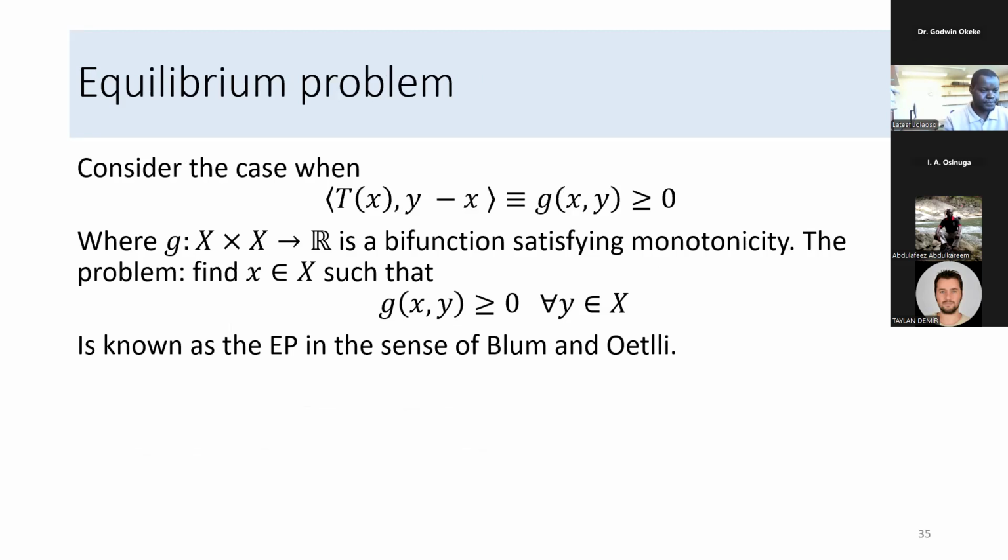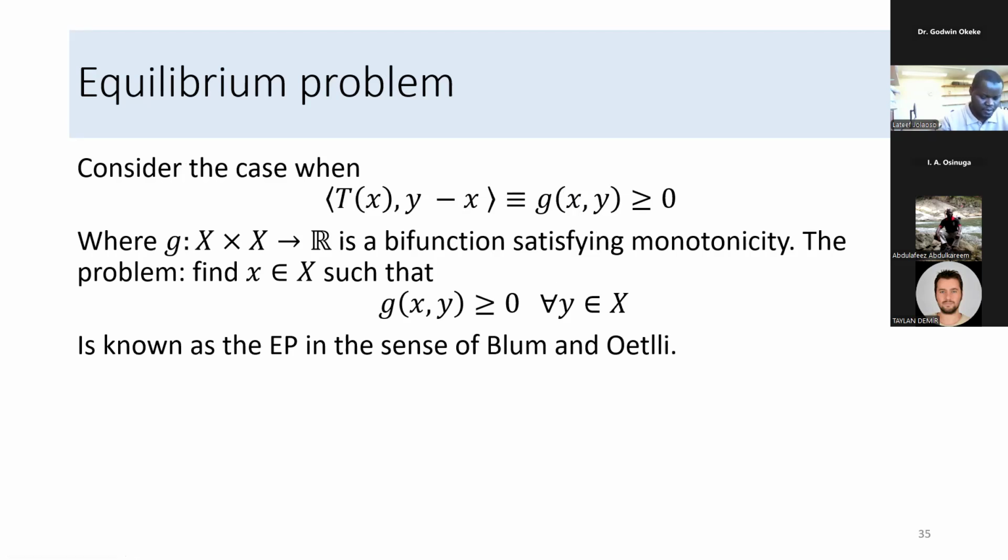So also a quick one is on the equilibrium problem. We could formulate an equilibrium problem as a variational inequality by setting the function T of x comma y minus x to be equal to this function g, where g is a bifunction, which also has to satisfy some properties. This was introduced by Blum and Oettli and has been studied further ever since then.